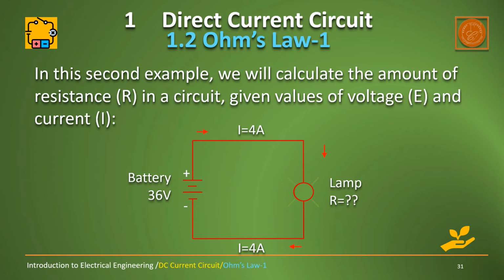In this second example, we will calculate the amount of resistance R in a circuit, given values of voltage E and current I in the circuit. The battery voltage is 36 volts, and the current in this circuit is 4 amps.